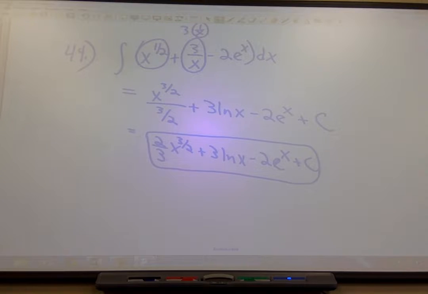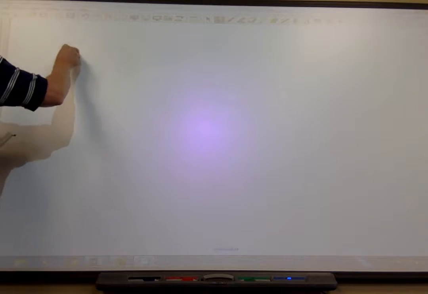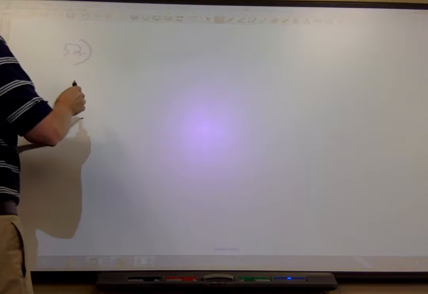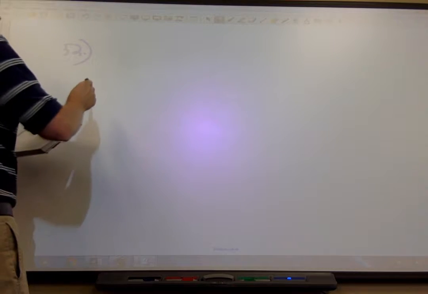Now, what would you say to 52? 52 says find f of x by solving the initial value problem.